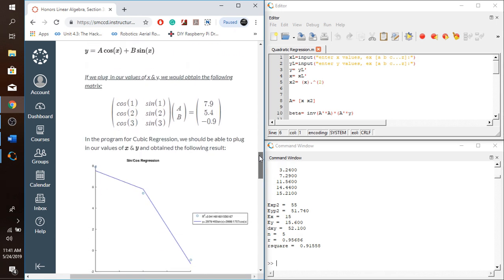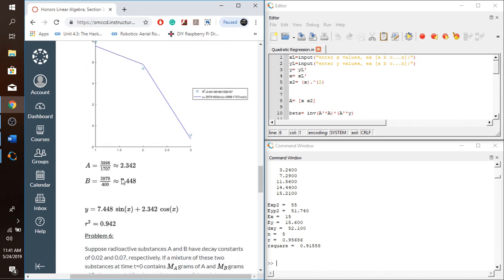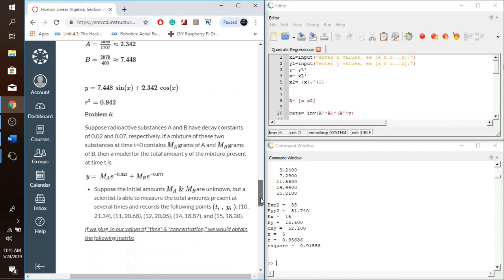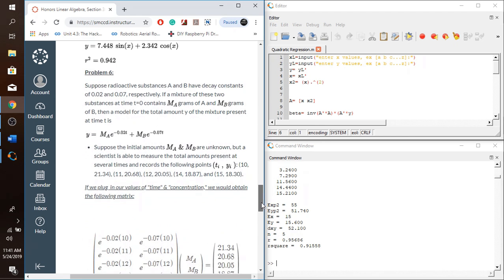It gave us the beta values of a and b, which is the original formula. We'll get them as 7.48, which is b sine x, and then 2.342, which is cosine x. This one is actually pretty accurate too. It's 0.94.